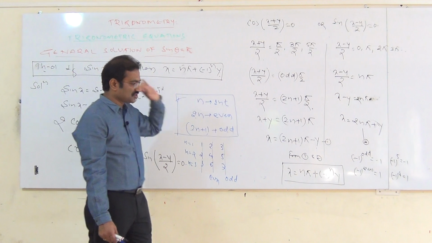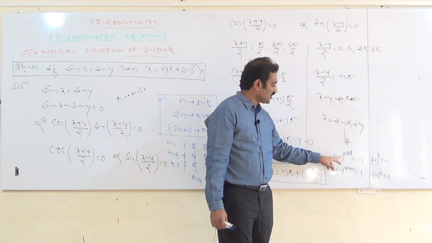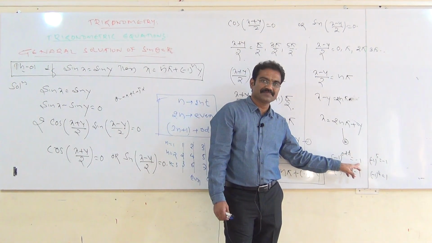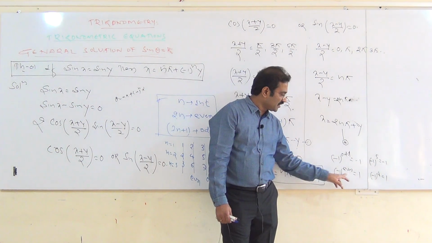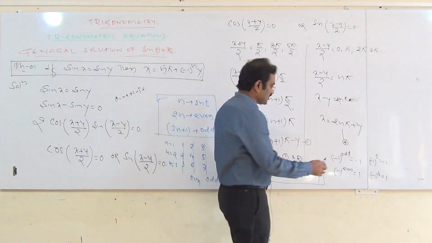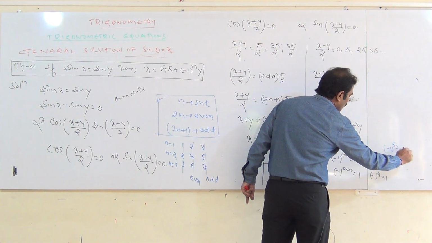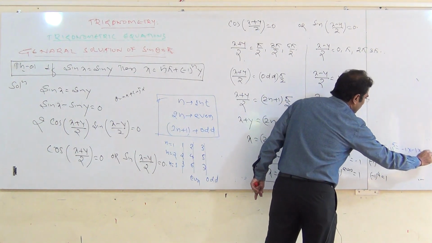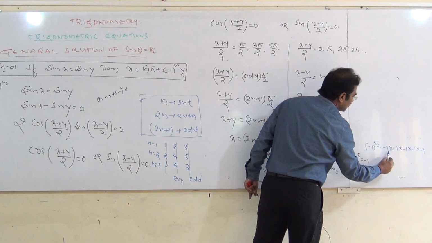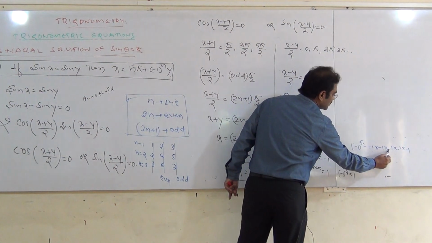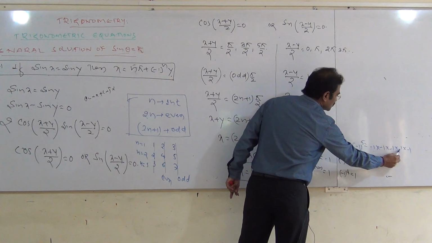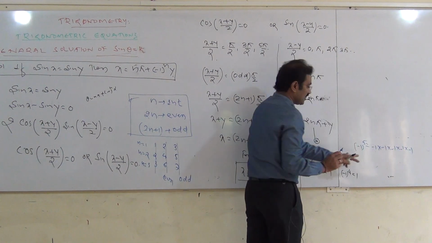This is one piece of information you want. Minus 1 raised to an odd number is always minus, and minus 1 raised to an even number is always plus, because minus 1 raised to 5 means minus 1 written five times. Minus into minus is plus, plus into minus is minus, and so on.